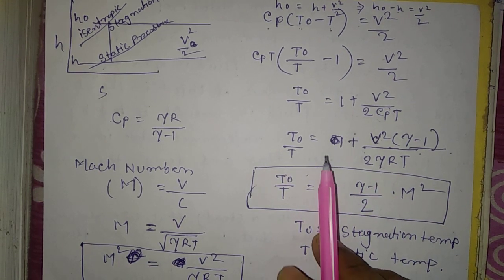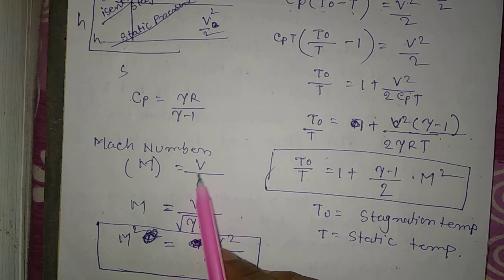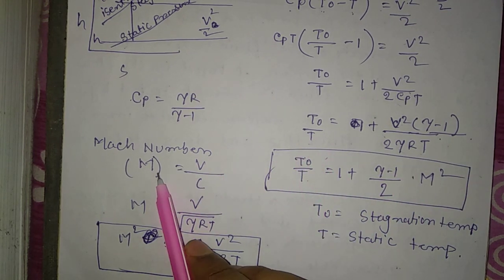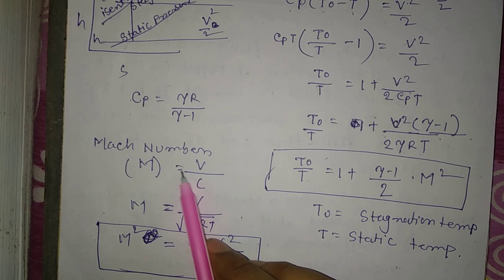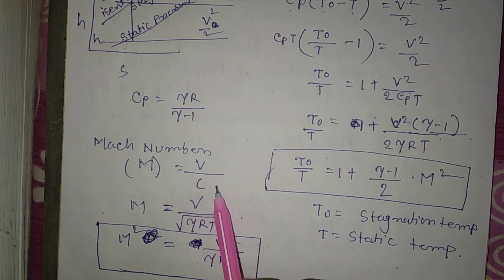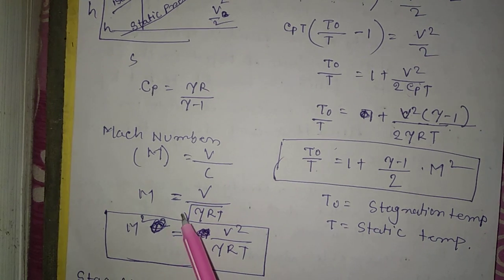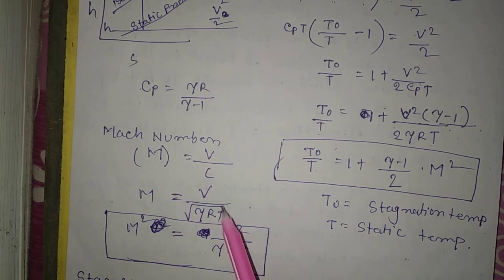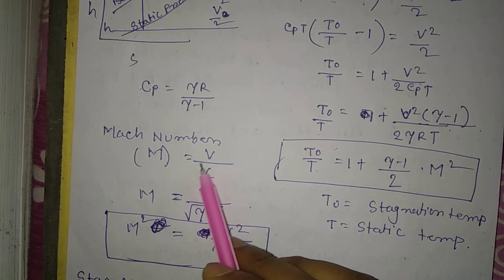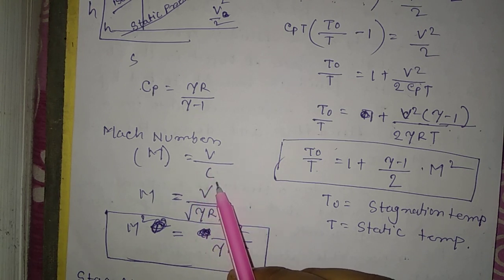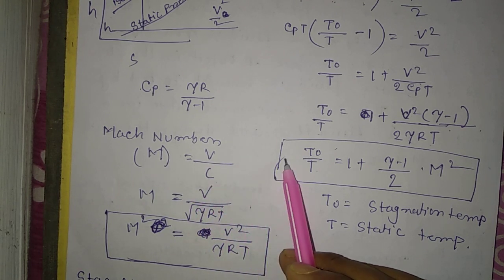as you know, the Mach number, already discussed, is the velocity of the fluid divided by the velocity of sound. M is equal to V by C, and for a reversible adiabatic process, already proved that C is equal to the square root of gamma R T, right?